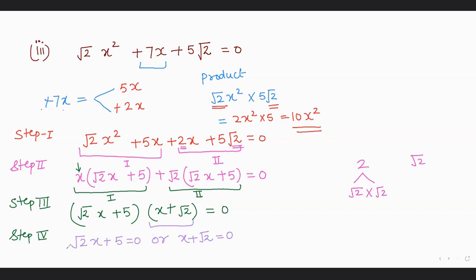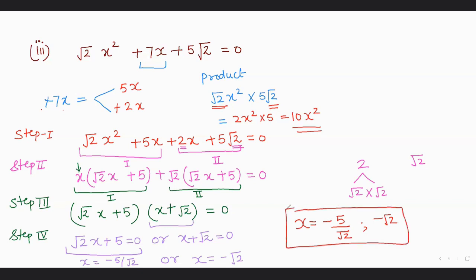From the first factor, we can say x is minus 5 over square root 2. And from the second factor, it is minus square root 2. So we have found two roots of our quadratic equation: minus 5 over square root 2, and the other one is minus square root 2. So this is the answer of our question 1 part 3.